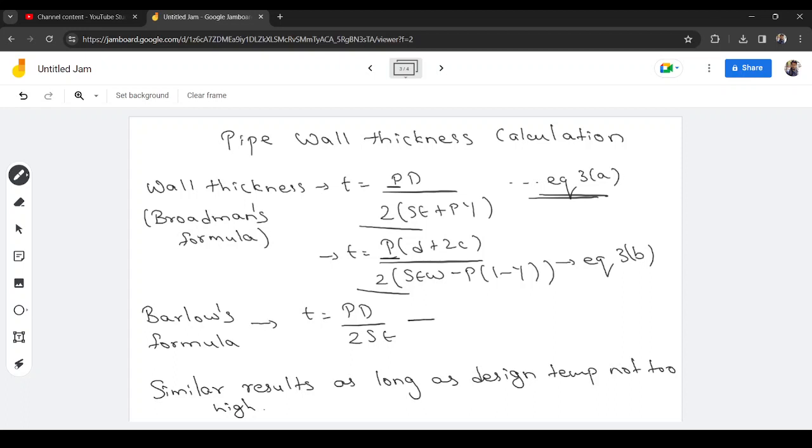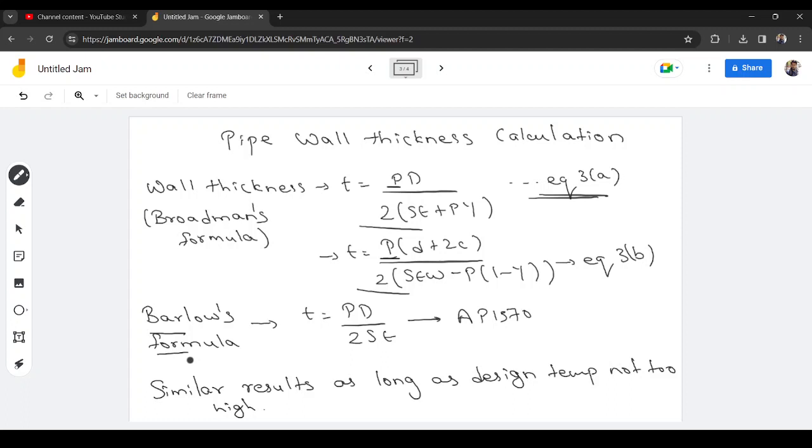The approach taken by API 570 is based on Barlow's formula. Okay? So that means API 570 bases the thickness requirements on the Barlow formula, and ASME B31.3 bases the thickness requirements on the Boardman's formula.